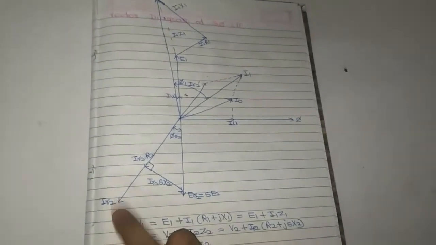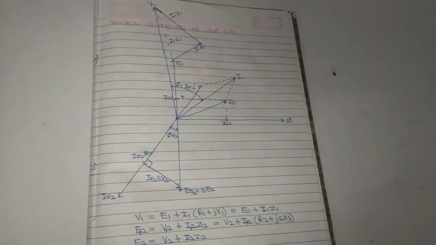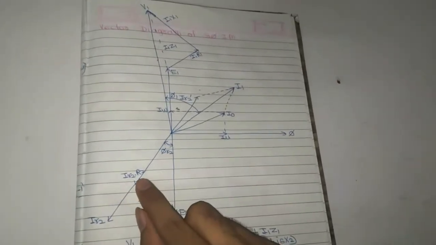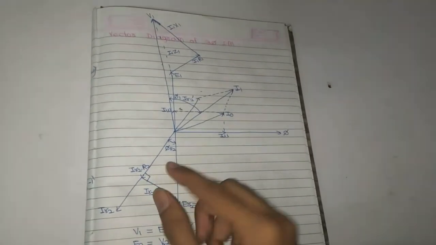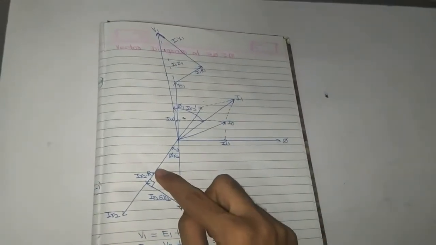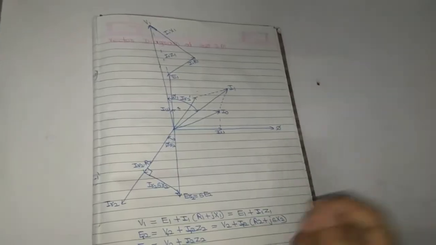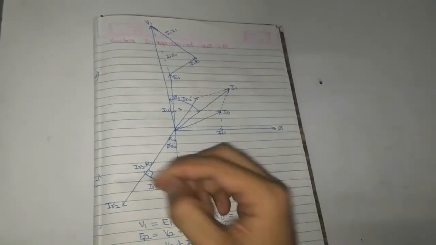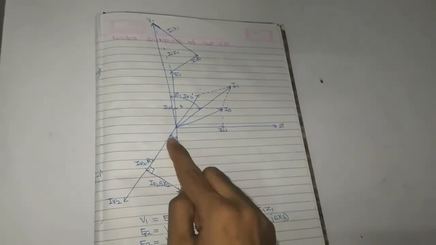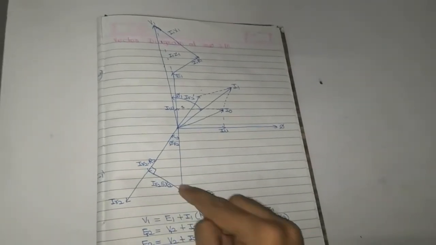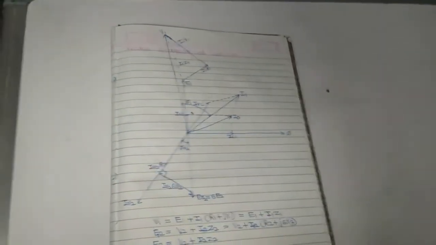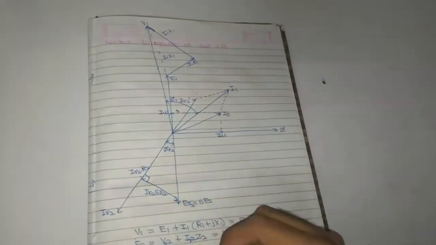So in the secondary winding this IR2 current flows at the running condition of the rotor. At running condition, IR2 into R2 is the current flowing through the resistance, and it is in phase with IR2. IR2 into S X2 is exactly 90 degrees with respect to IR2.